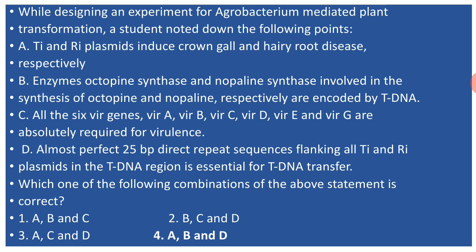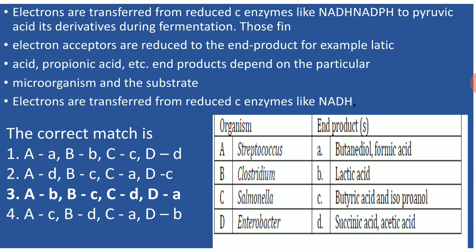No. Almost perfect 25 base direct repeat sequences flanking the T-DNA in Ti plasmid and Ri plasmid are essential for T-DNA transfer. So the answer should be the fourth one, because all six vir genes are not absolutely required, because either virA or virG alone starts the activities.